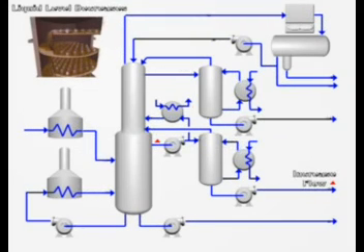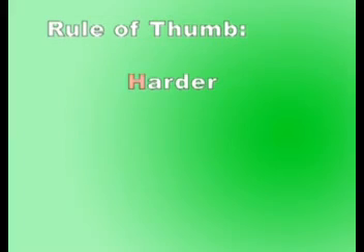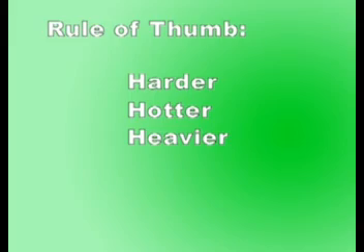As a result, the temperature will increase. A higher temperature will allow for heavier products to vaporize and make their way to the light ends. So the harder we're pulling product, the hotter the tower gets, the heavier the end product at the overhead will be.